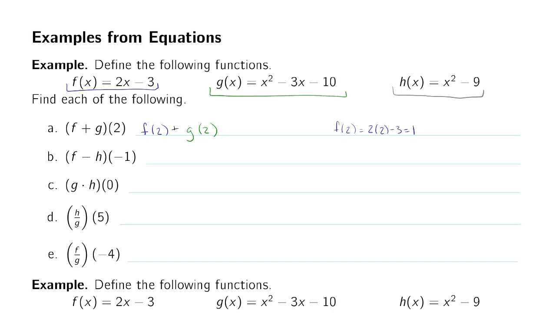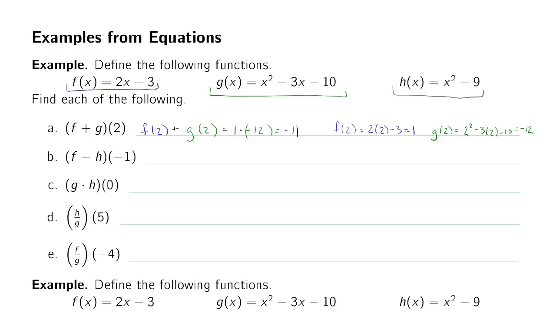And g of 2, that's 2 squared minus 3 times 2 minus 10, which is negative 12. And so this is just 1 plus negative 12. So f plus g of 2 is negative 11.